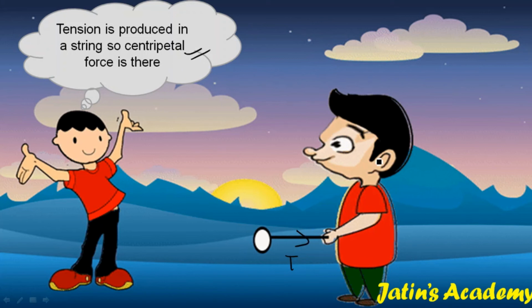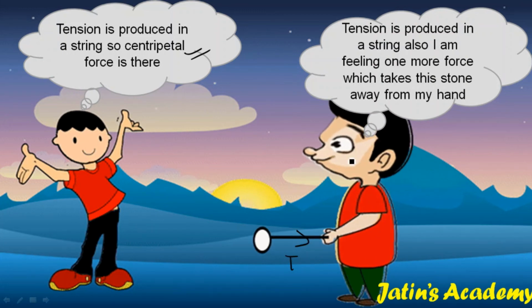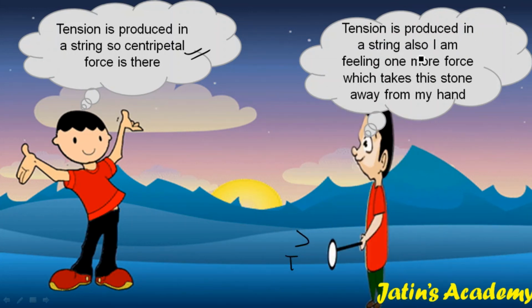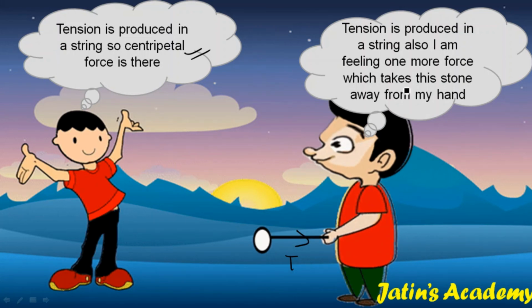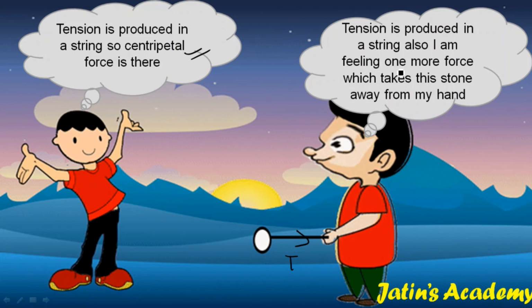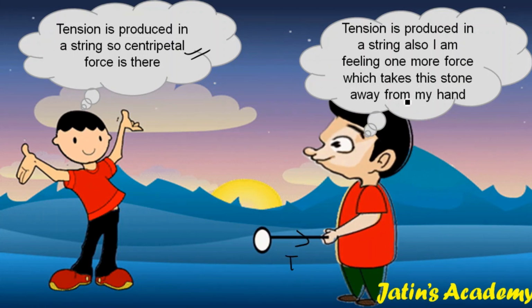Now let's see what the next person says. The next person is saying that the tension force is produced in the string, so he also feels that some tension force is there. But along with that, he feels that one more force is acting which takes his stone away from his hand.